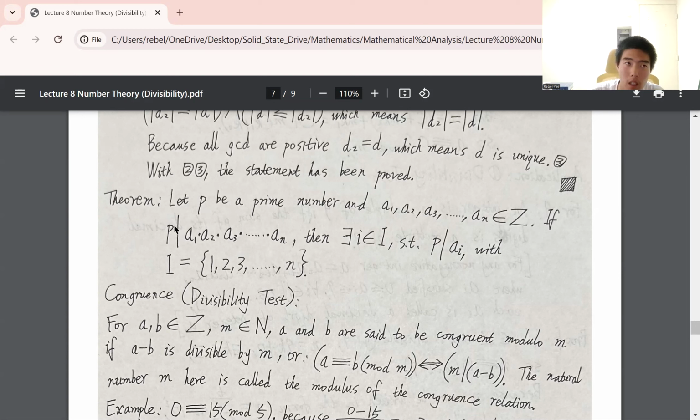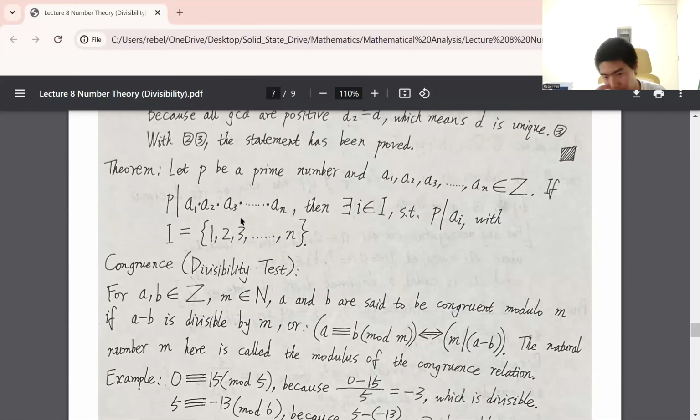If P divides A times B and P is divisible by neither A nor B, then P must have two factors, one from A, one from B, and both are smaller than P, which means P is not a prime number. So P must divide A or B. So that's an intuitive proof.